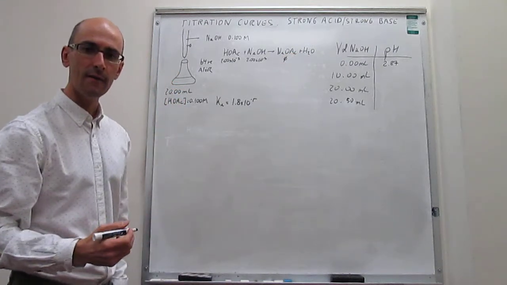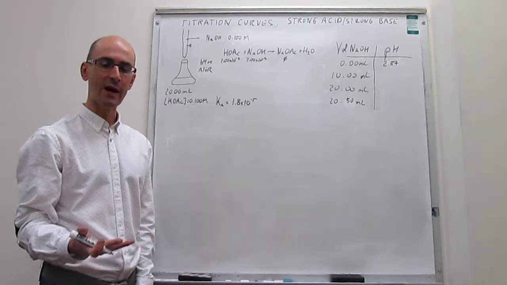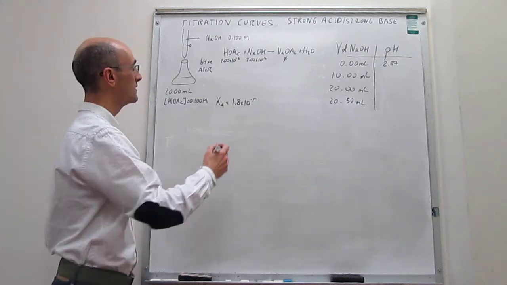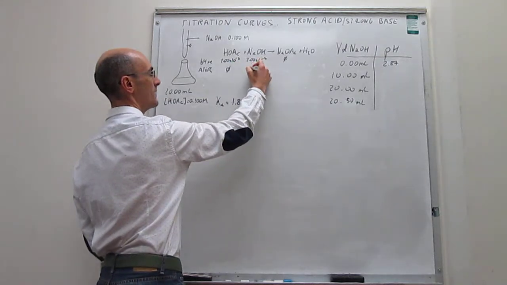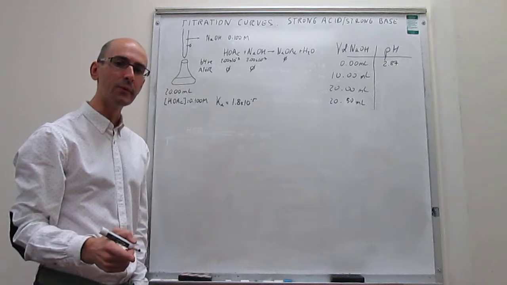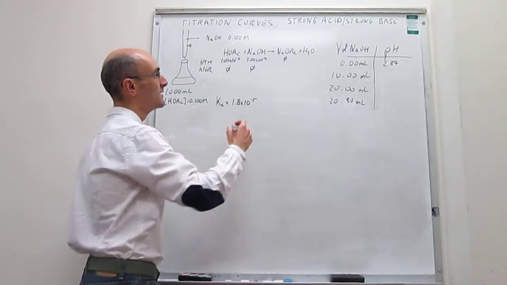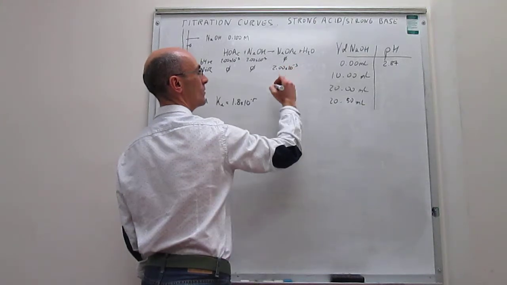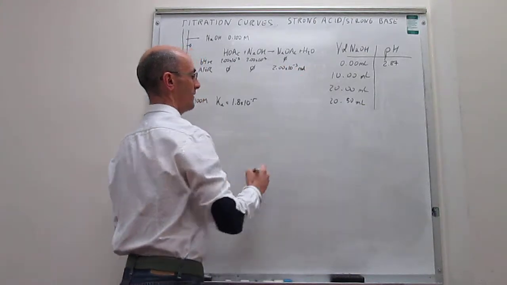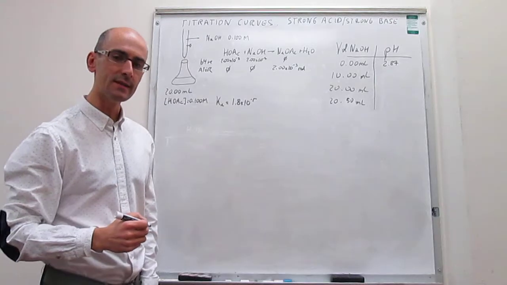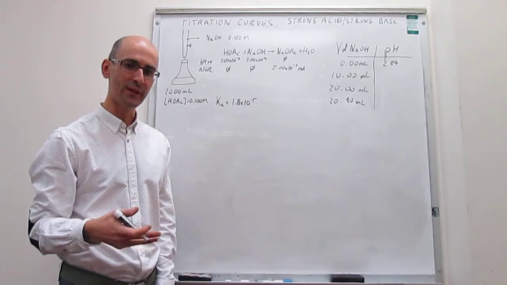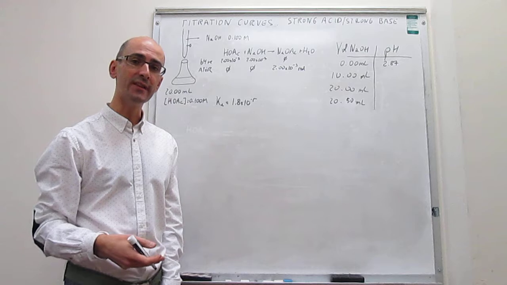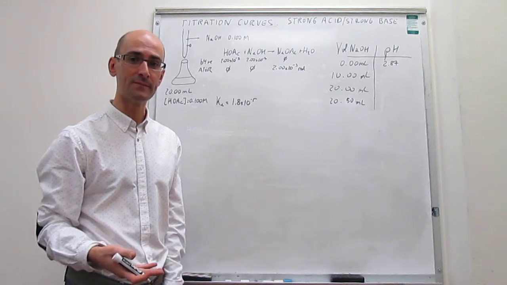Well, this is the stoichiometric reaction, so there's no acid or base left. You have zero of this, zero of that, but here's something that is quite important. You have now generated 2.00 × 10^-3 moles of acetate. And this is important because acetate is the conjugate base of a weak acid. And as such, it will have acid-base properties.